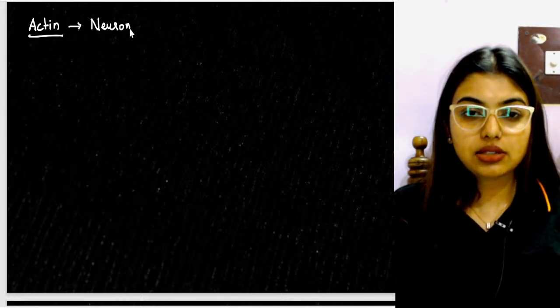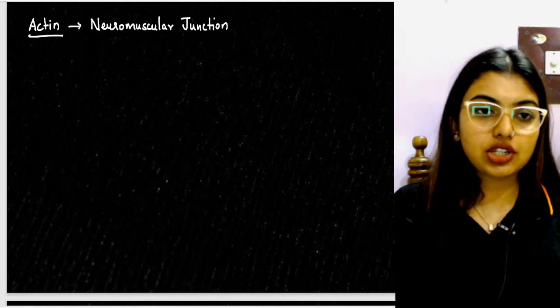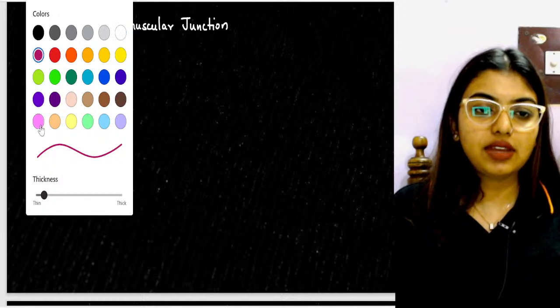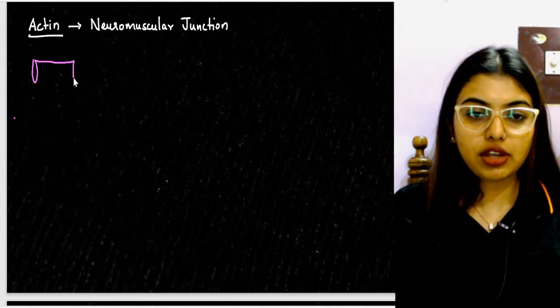So for that, students, there is something called neuromuscular junctions. Now what is a neuromuscular junction? Very, very simple. I'm drawing everything while teaching, so it will be easy to understand as well.